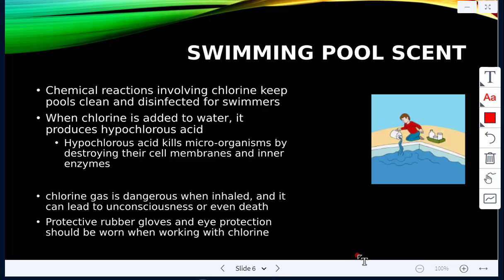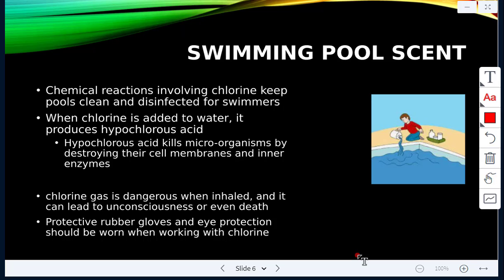In swimming pools, we kind of talked about this as well. There are chemical reactions involving chlorine. Chlorine keeps swimming pools clean and disinfected for swimmers. When chlorine gets added to water, it produces hypochlorous acid. It's this acid that will kill bacteria and microorganisms by destroying their cell membranes and inner enzymes.